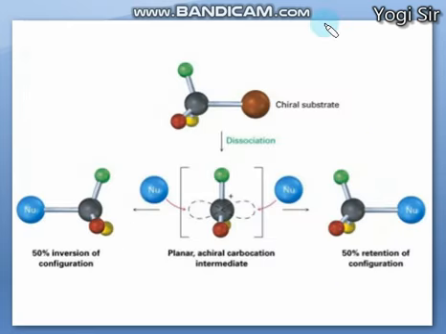Here it is nicely mentioned in the form of 3D molecular structures. You can see we are trying to displace this leaving group. This brown colored atom is our leaving group. It can be bromide, chlorine, or any other leaving group.